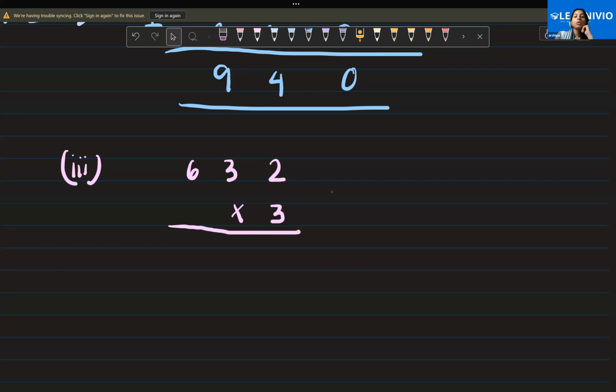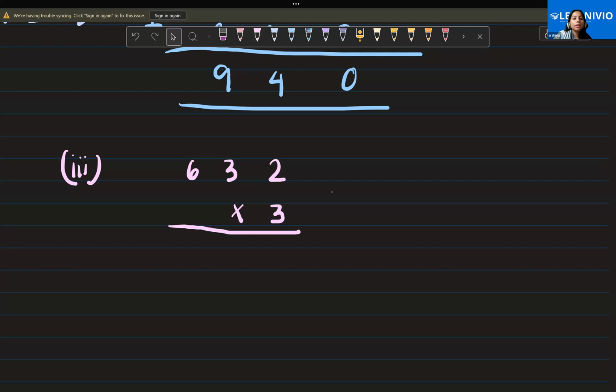Did you put the zeros? Yes. Can you show me your calculation? Show your notebook towards the camera. So your multiplication is correct, but you haven't placed the zeros correctly.